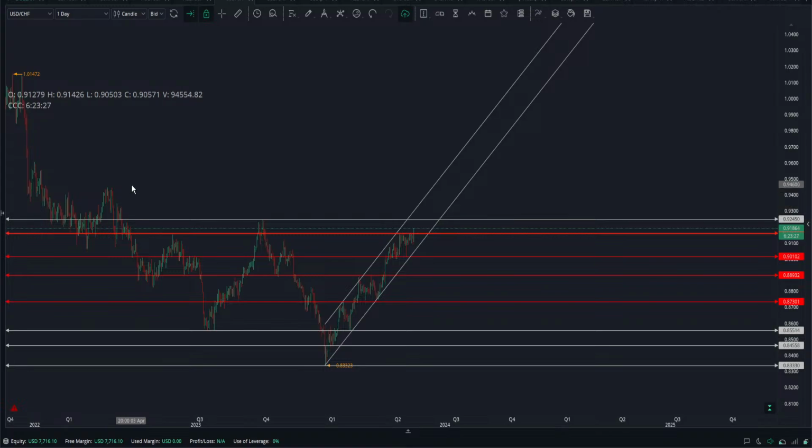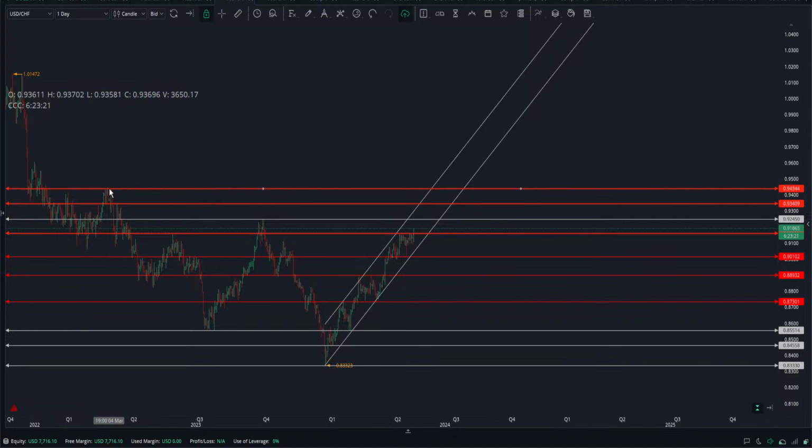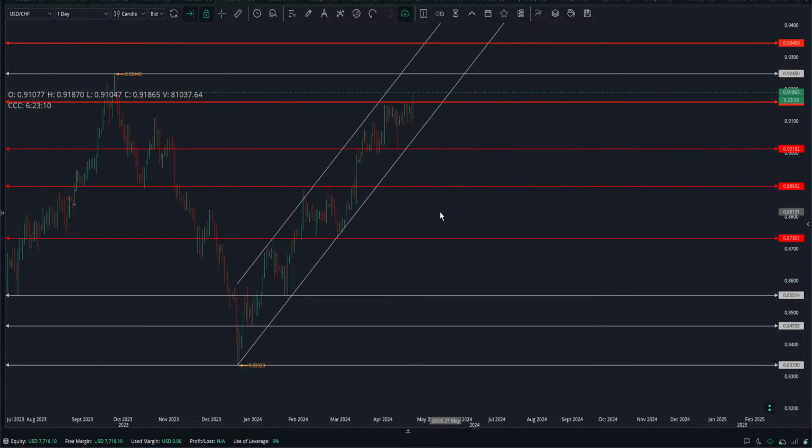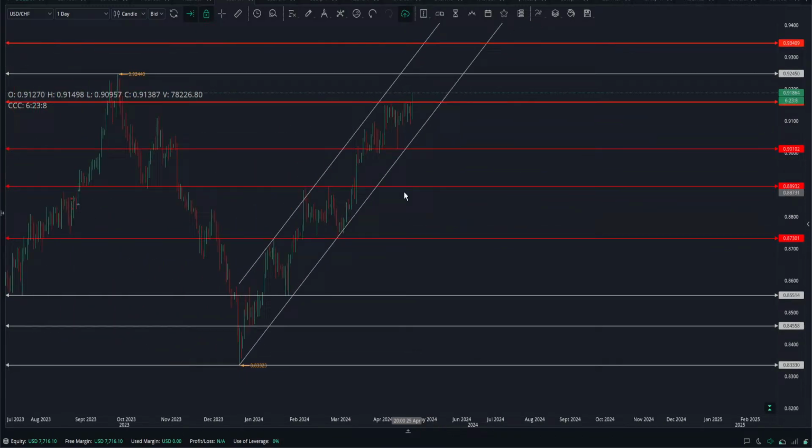When I look on the left side, first will be this high of 14th of March, which is around 0.9340, and the second will be these equal highs around 0.9394. So these may be the targets if the US dollar keeps expanding to the upside.